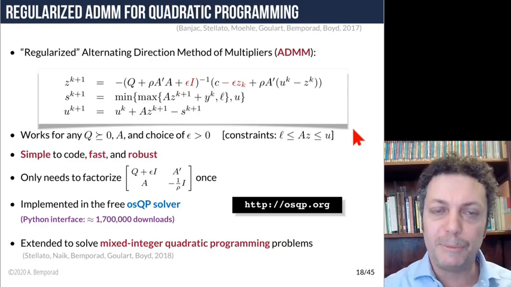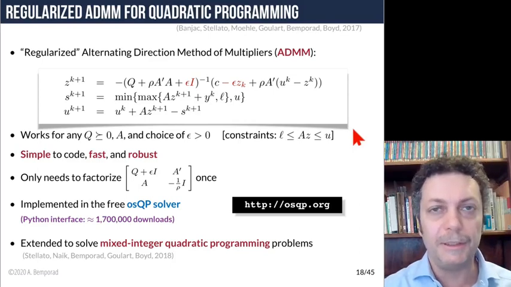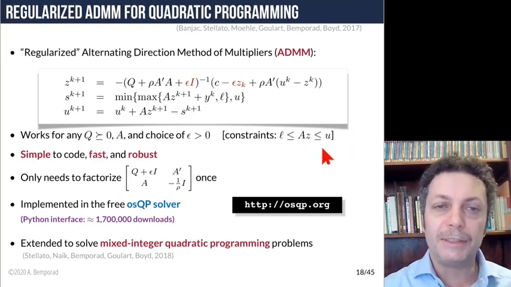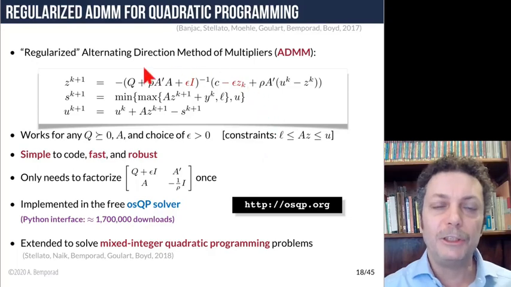Different methods have been proposed in recent years in the literature to solve quadratic optimization problems in an embedded environment motivated by MPC applications. One of them is the regularized version of the alternating direction method of multipliers. Actually, the algorithm is summarized in these 3 lines here.